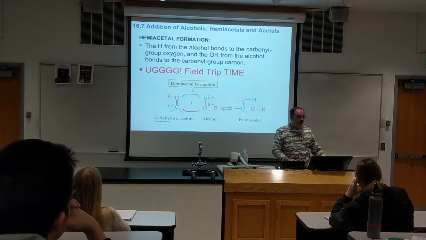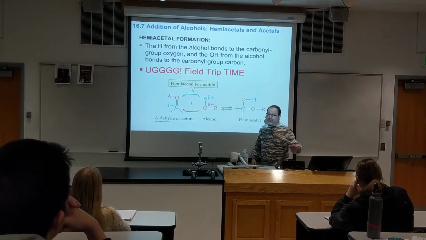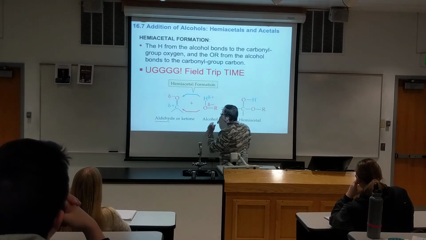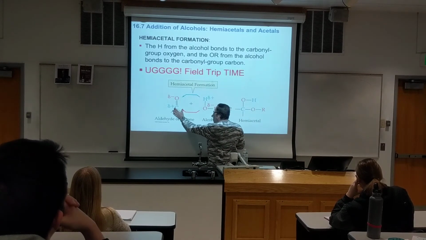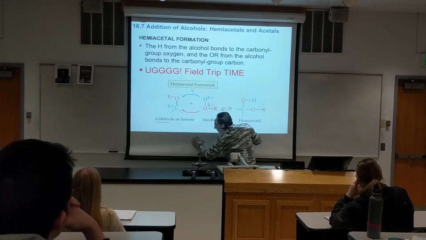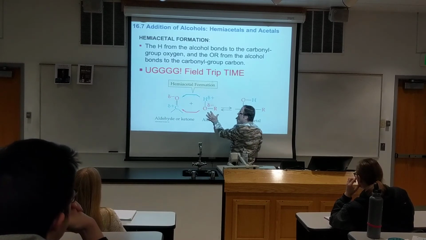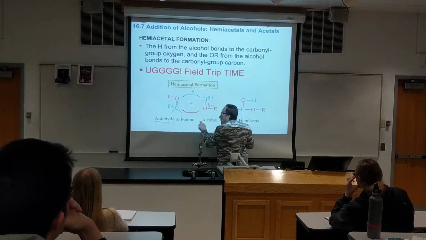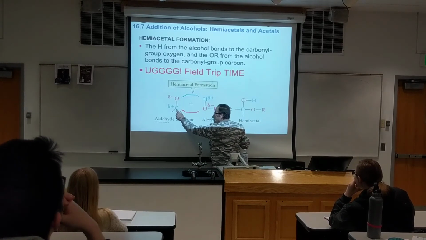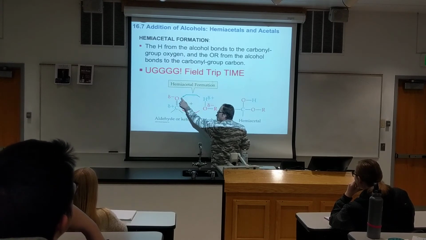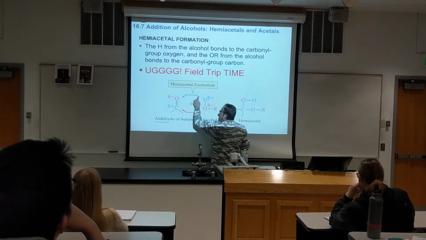And I will give you a way whereby, when we just went through the field trip, field trip time. And so at this point, what happens is I take my carbonyl, and somewhere else on the molecule, or the alcohol, I end up being bound. So this Lewis base part attacks the Lewis acid part, and therefore that puts electrons up to here, so this picks that up.